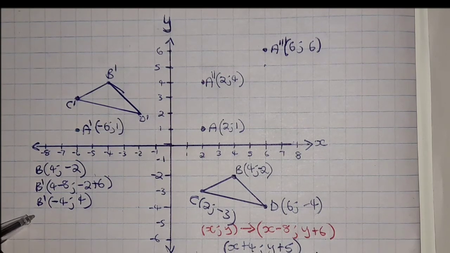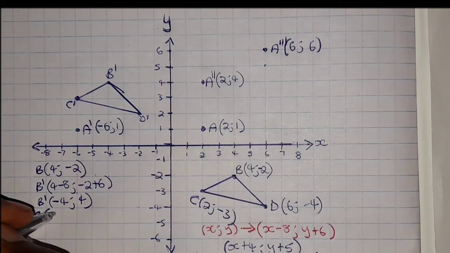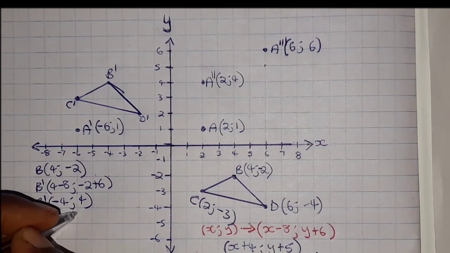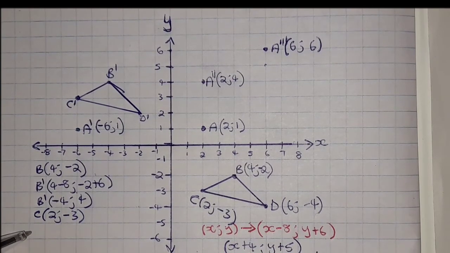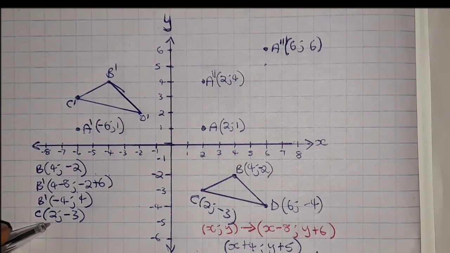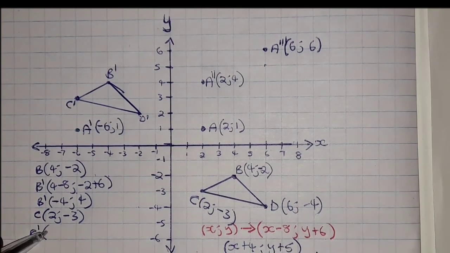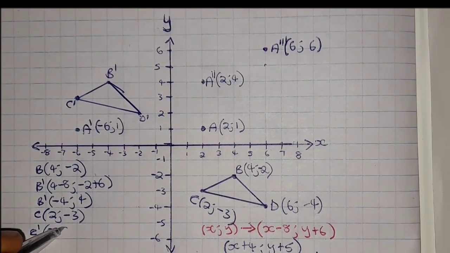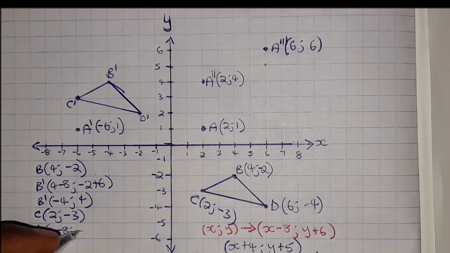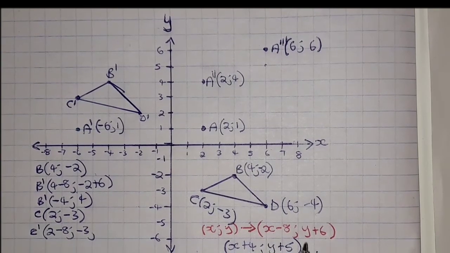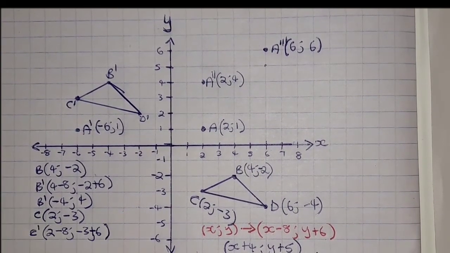And then our C, the coordinates of C is 2, negative 3. And then according to our rule, the image of C, we get it by saying 2 minus 8 according to our rule. And then for the y is negative 3, negative 3 plus 6, and then we close the bracket.